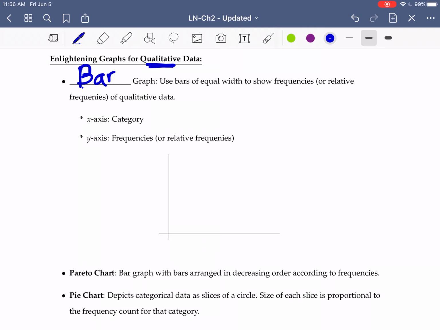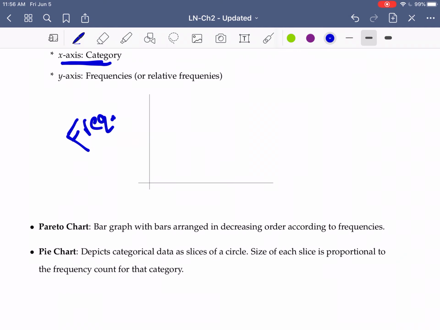So with a bar graph, we use bars of equal width to show frequencies or relative frequencies of qualitative data. Across the x-axis, you would represent the category, and then the y-axis would have the frequency or the relative frequency. So if I wanted to represent the number of freshmen, sophomores, juniors, and seniors at a university, maybe the frequency for freshmen is up here at some value.